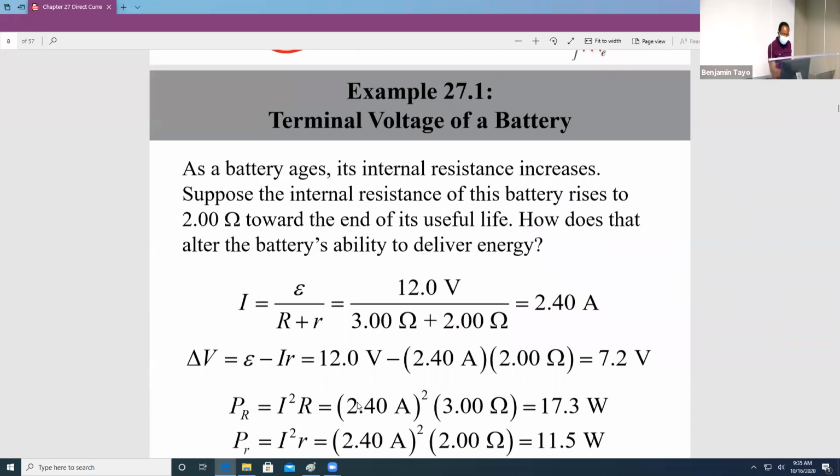Now let's look at this next example here, 27.1. Now it says that as the battery ages, notice that the internal resistance has gone from 0.05 to 2.0. How does that change the battery's ability to deliver energy? So now, do you see the current here?